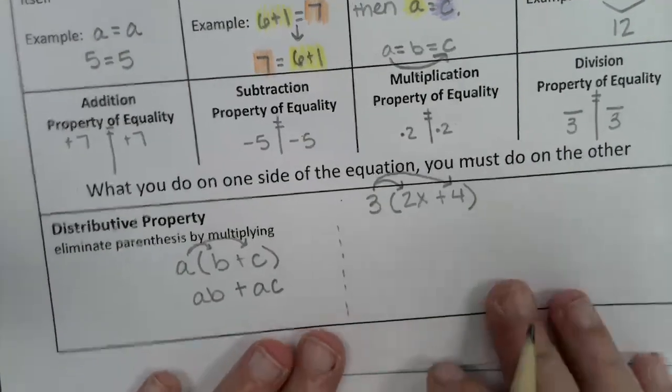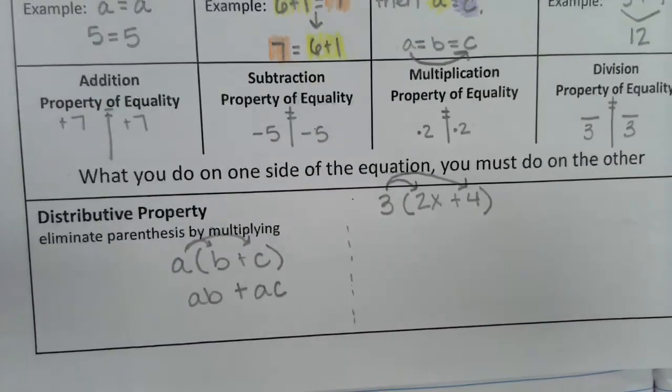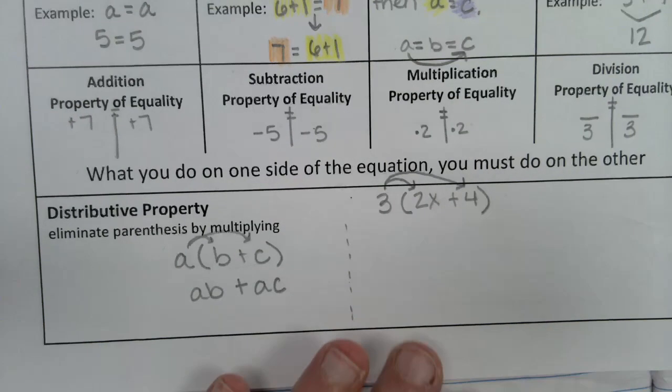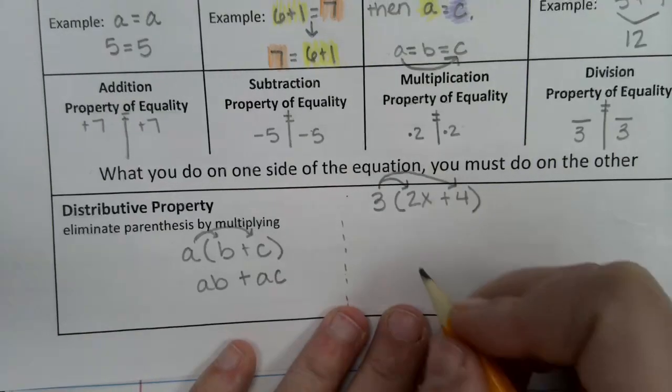If this is still a tough concept for you, if you can say this and in your head you know it's just 6x plus 12, just write that. If you feel really confident in this distributive property, that's fine. I'm going to show one more step for some of us that maybe need that extra bit.